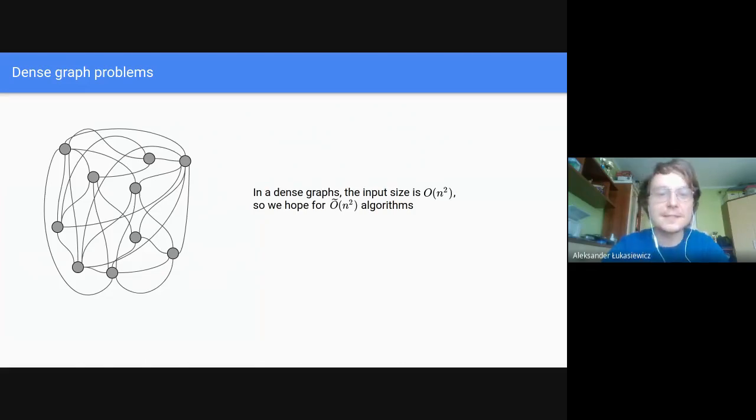So basically the best time complexity for algorithms we will run on these graphs is of the same order of magnitude. So this is kind of our goal, to achieve this best possible time complexity.